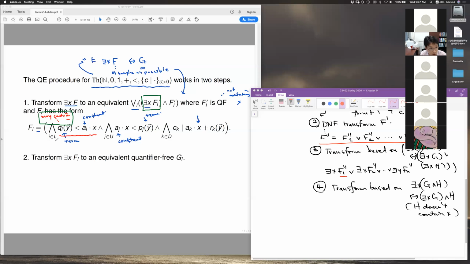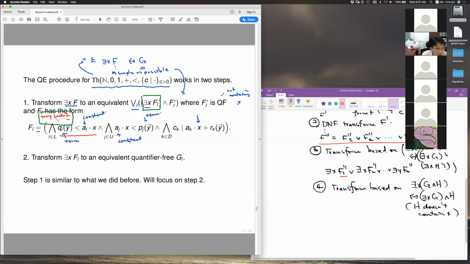But ignoring these subtleties, the formulas FL will have this form: conjunctions of something about the lower bound of X, something about the upper bound of X, and something about divisibility involving terms on X. So we want to get rid of existential quantification over this much simpler formula than an arbitrary Presburger arithmetic formula. The question is how to do this.